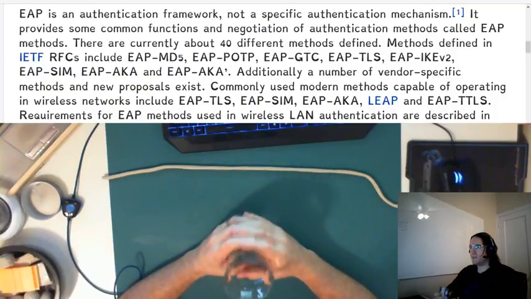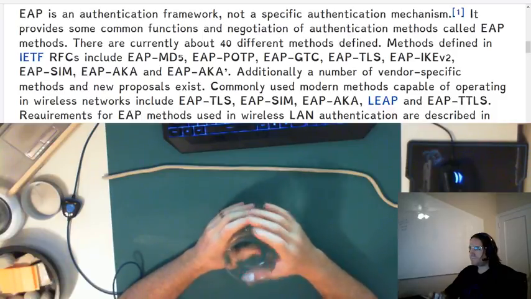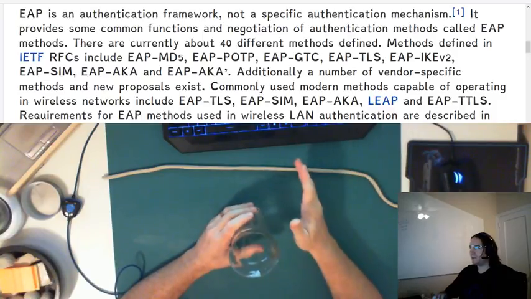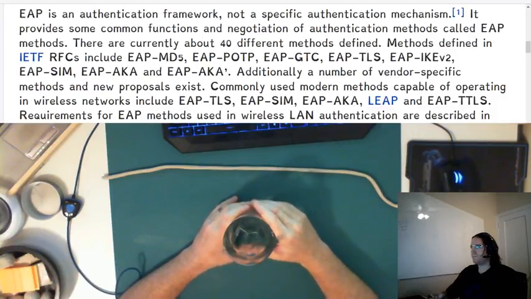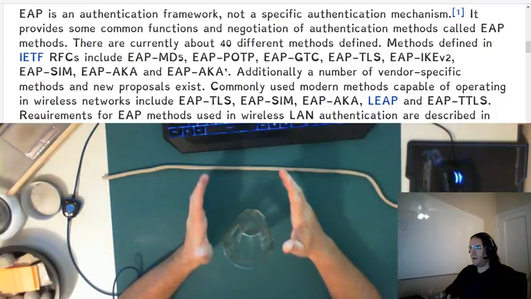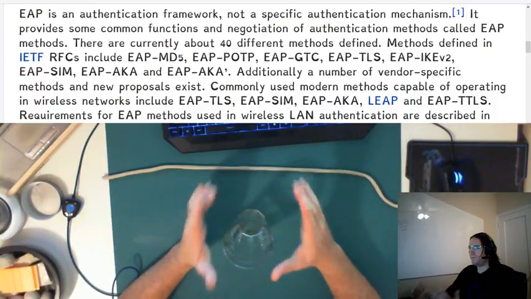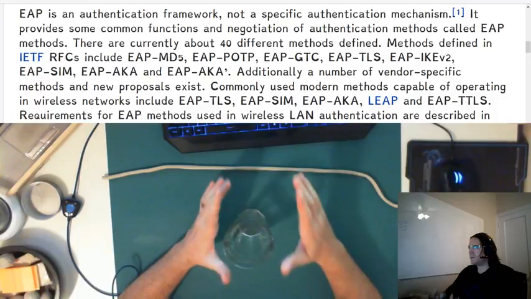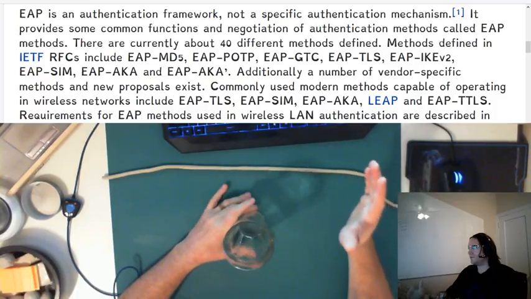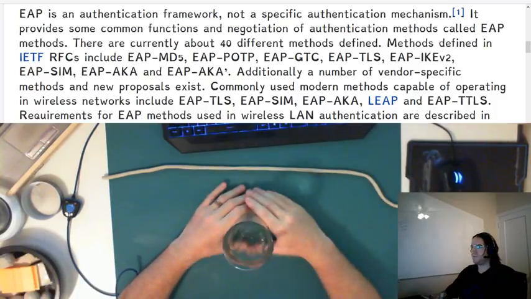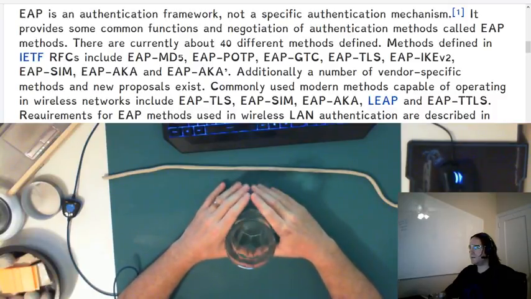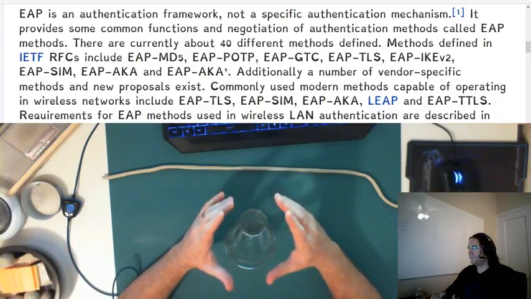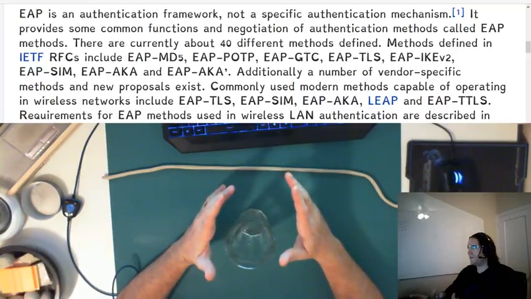EAP is an authentication framework, not a specific authentication mechanism. It provides some common functions and negotiation of authentication methods called EAP methods. There are currently about 40 different methods defined.